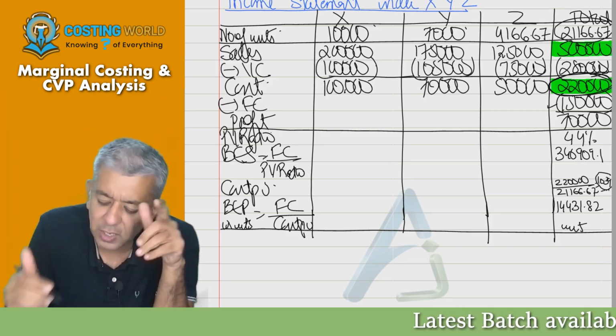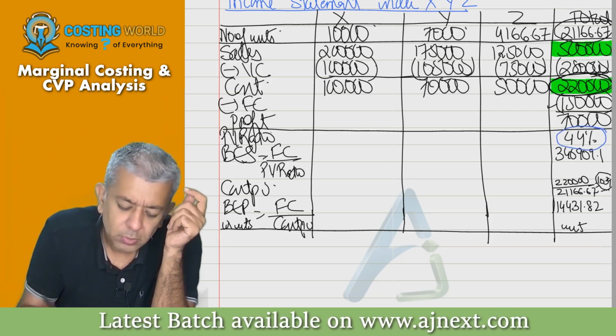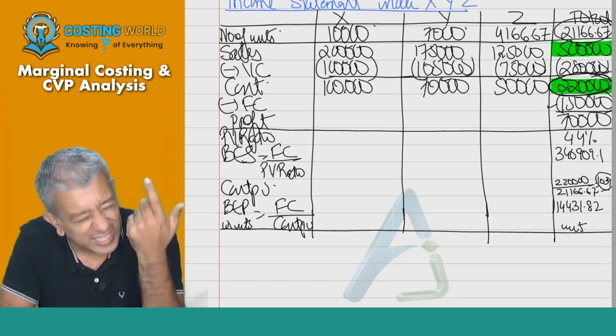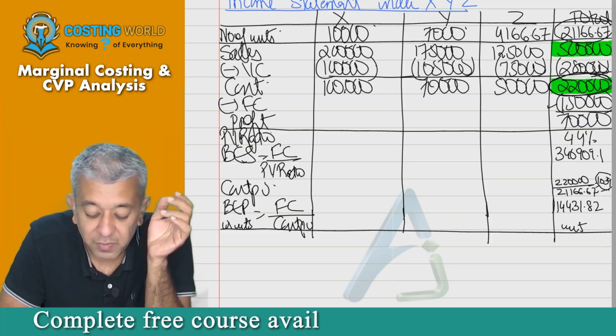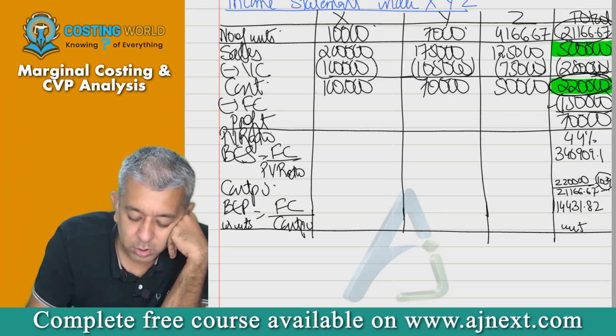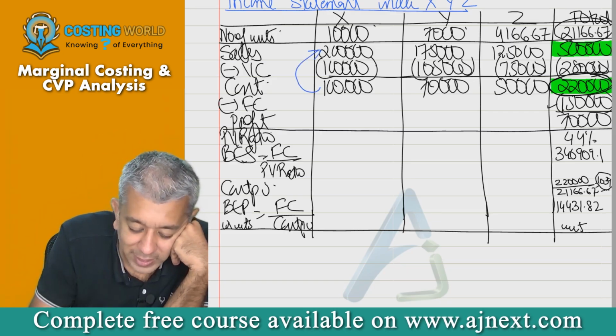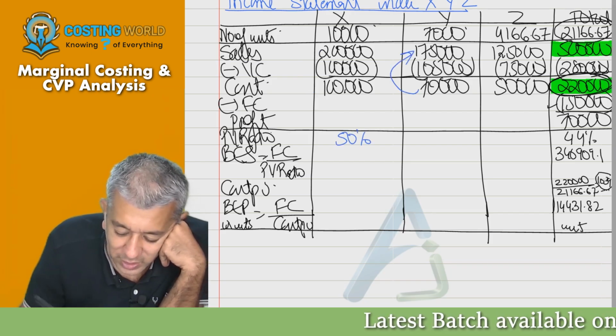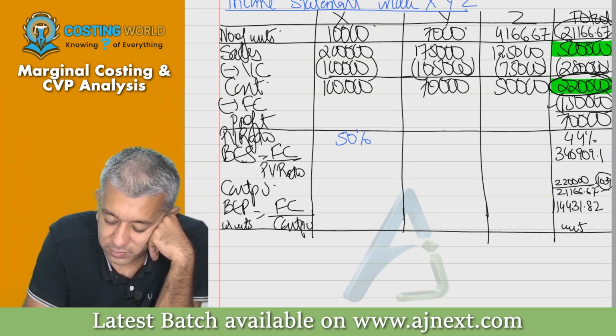So this 44% must be related to PV ratio of individual products also. Let's find out PV ratio of every product also. So you all write it, 1 lakh upon 2 lakhs into 100, 50%. 70,000 upon 1,75,000.